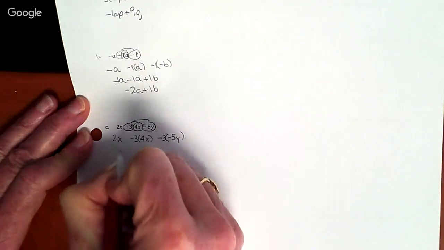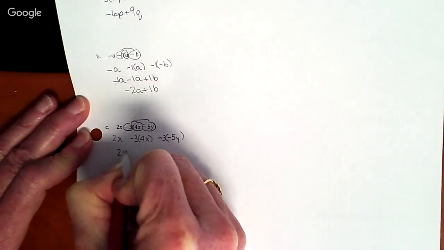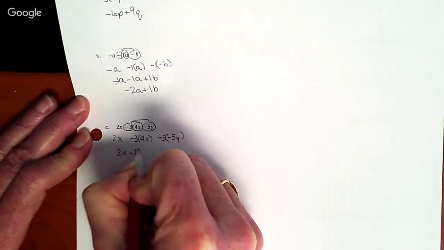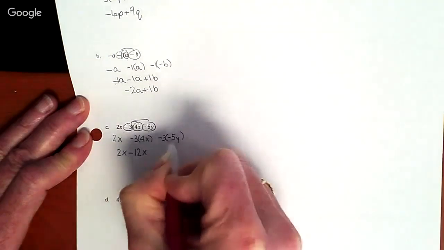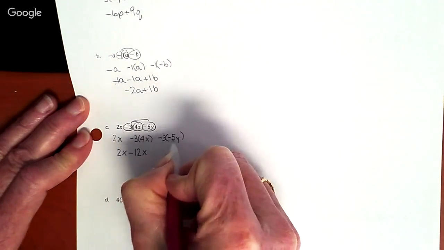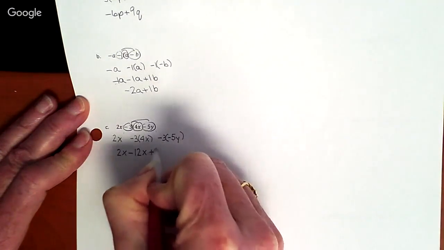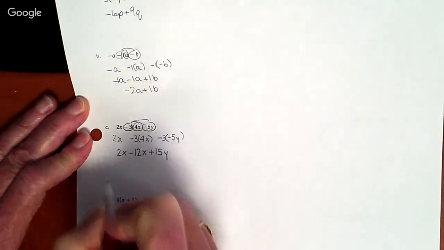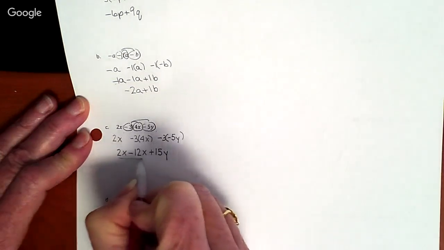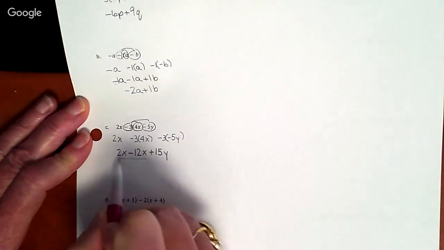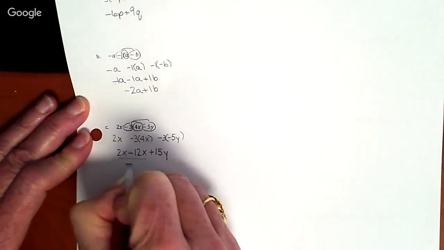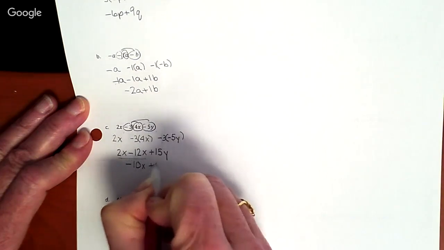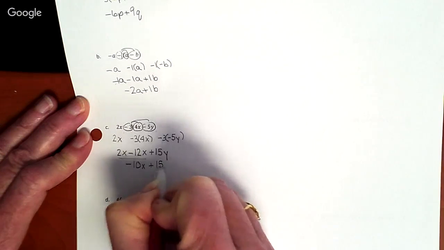So here we have 2x. Negative 3 times 4 is negative 12x. Negative 3 times negative 5 is a positive 15y. So when we add these two together or subtract, 2 minus 12 is a negative 10x plus 15y.